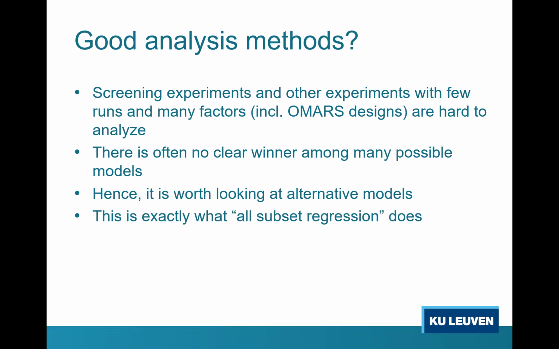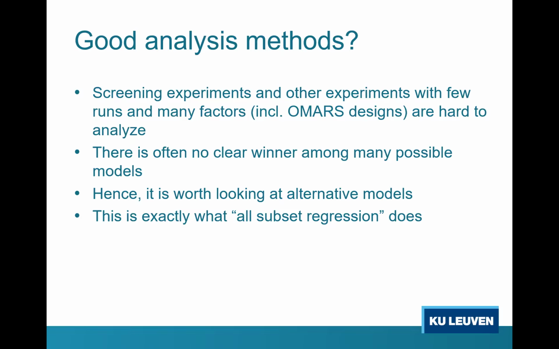And what is the best known technique in regression courses to consider multiple models? Well, the best known technique is called all subset regression. All subset regression is available in many software packages, and it's very intuitive.